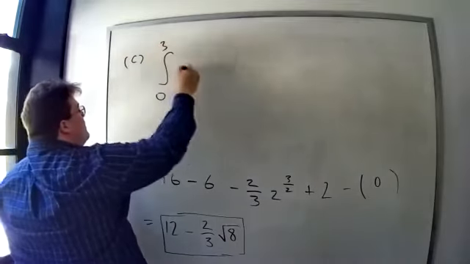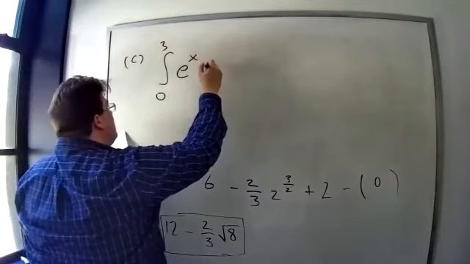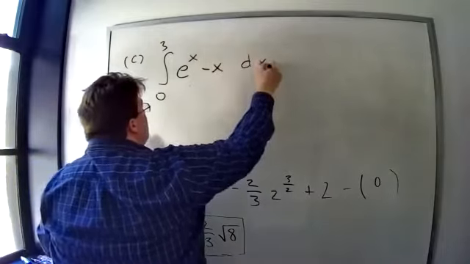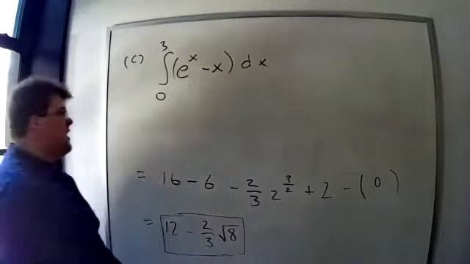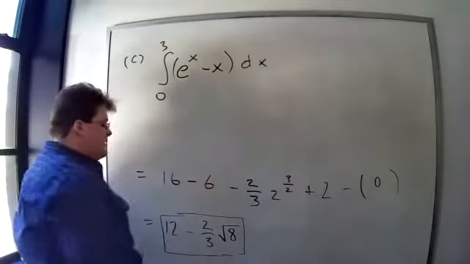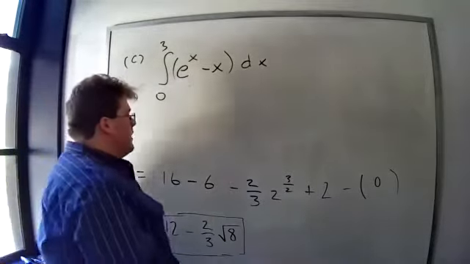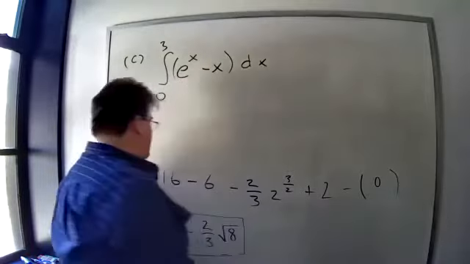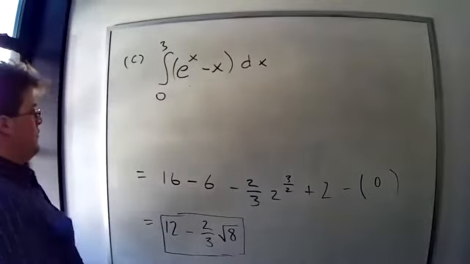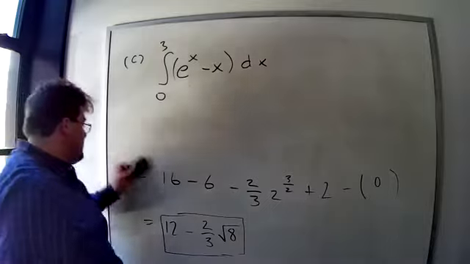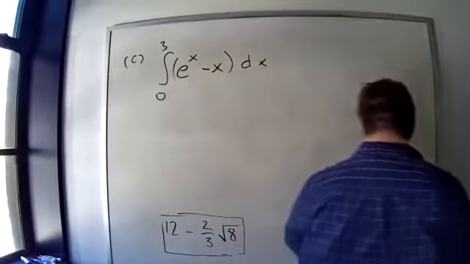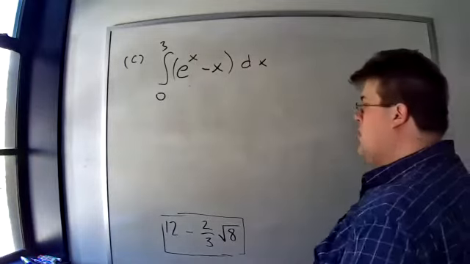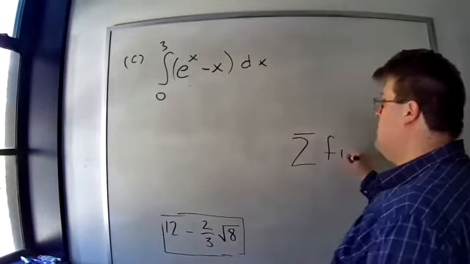Integral 0 to 3 of (e to the x minus x). Sometimes you see these without parentheses. I always write them because, well, I don't do it necessarily for integration purposes, but this notation is a result of the rectangle approximation.